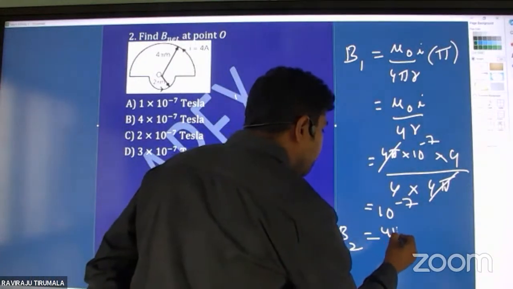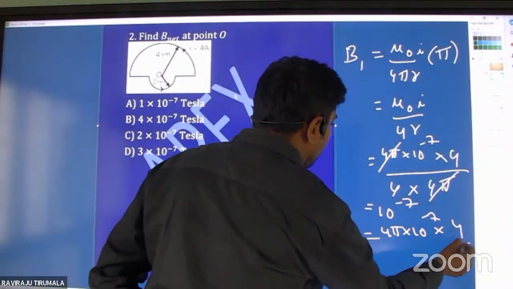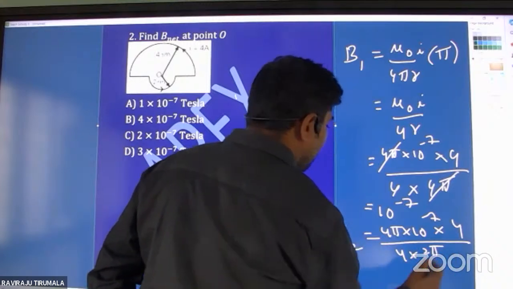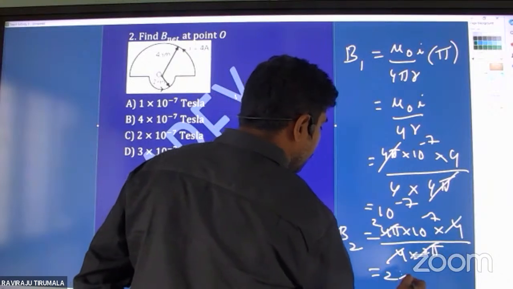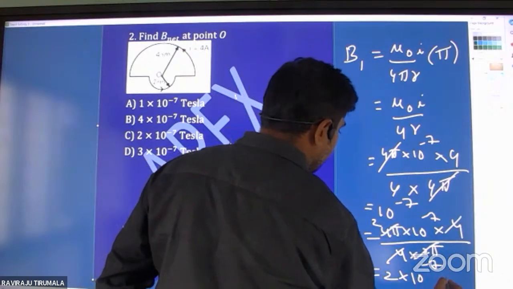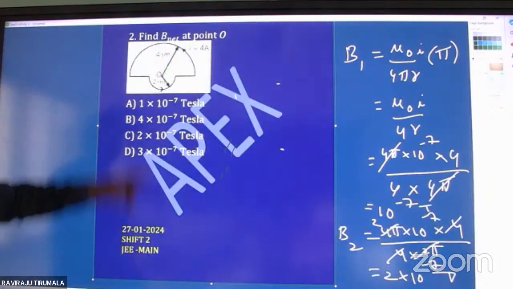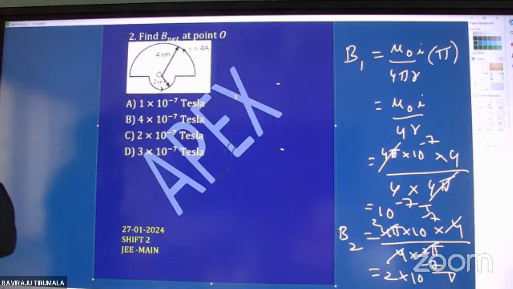So 4 pi into 10 power minus 7 into current, same 4, by 4 into the radius, which is given as 2 pi. So the 4 and 4 get cancelled. It will be 2 into 10 power minus 7 Tesla. B1 will be 1 into 10 power minus 7 Tesla and B2 will be 2 into 10 power minus 7 Tesla.